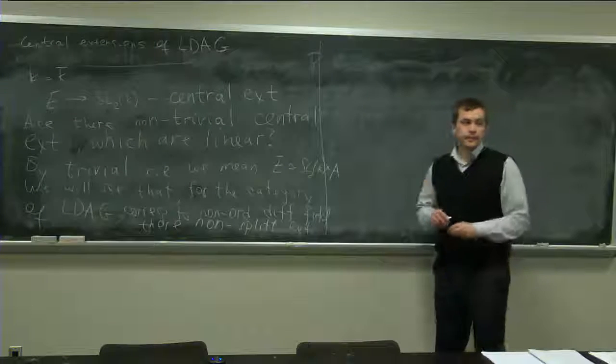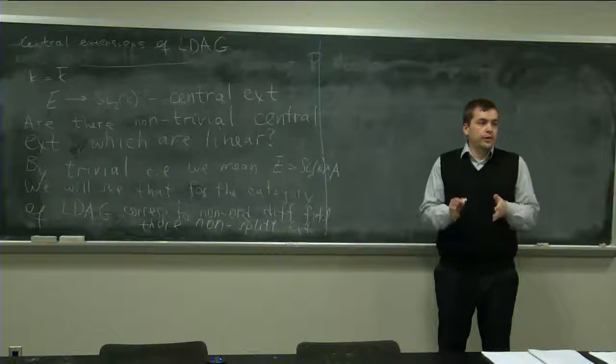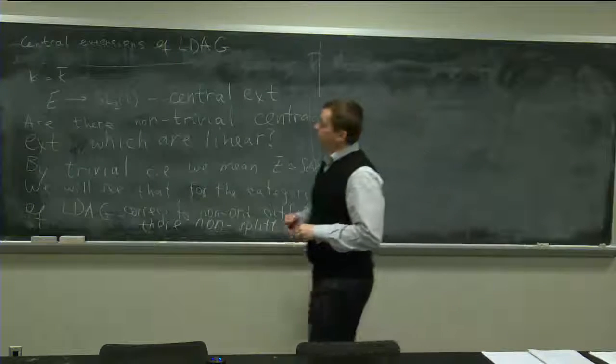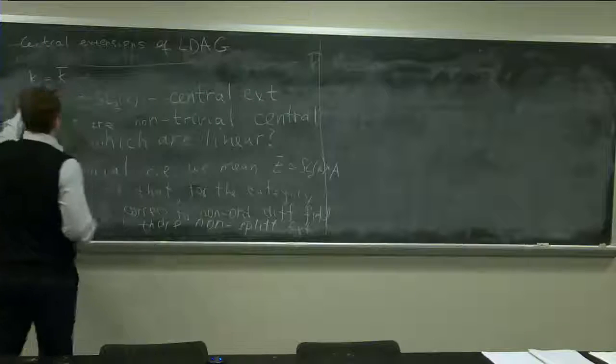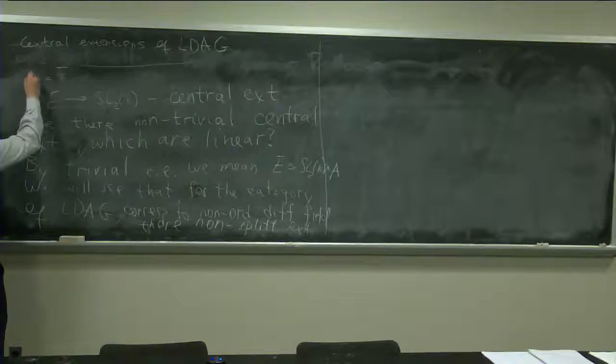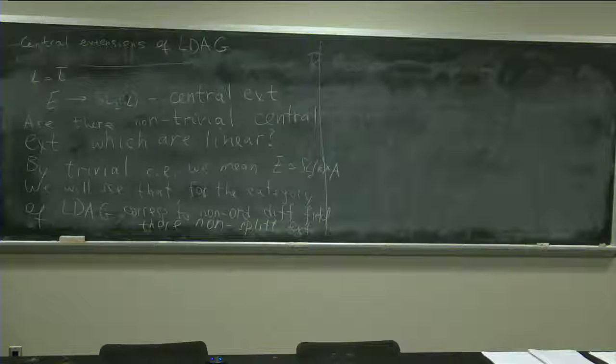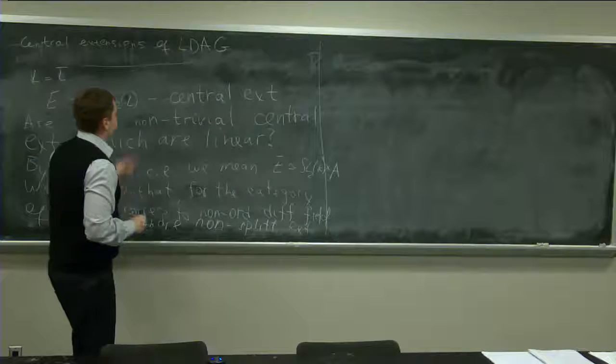Is E defined over Q? Over K. So our ground field is K. That's right. Well, not this K. Maybe this is not very good. Let me write this as L, because I will use K for the ground field, and these are points.